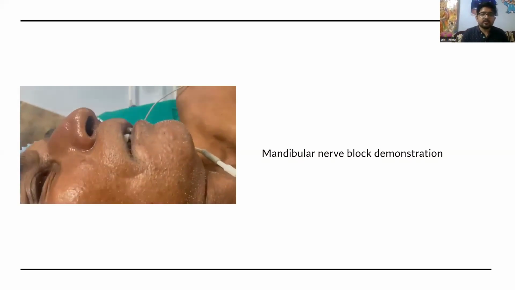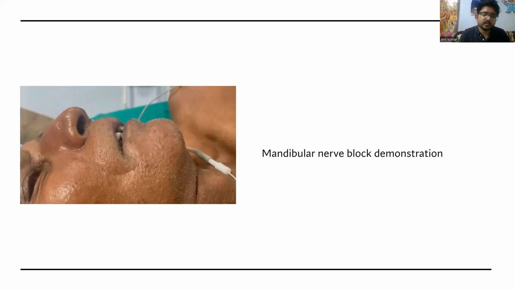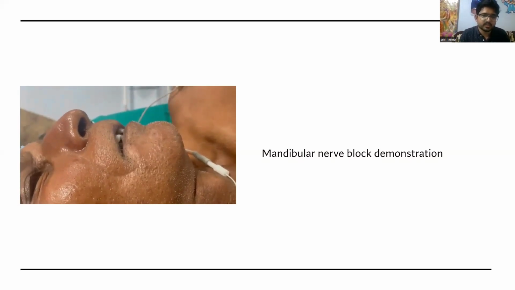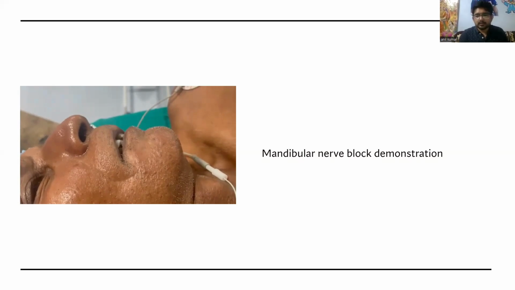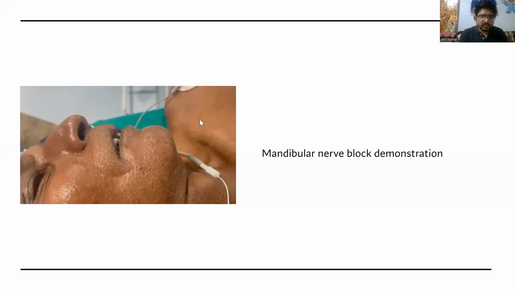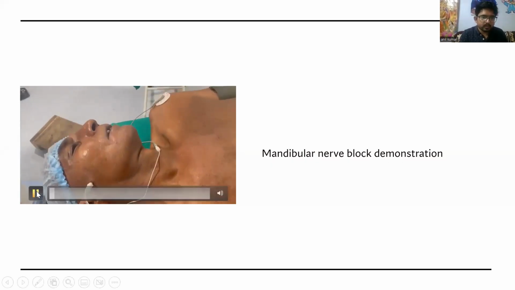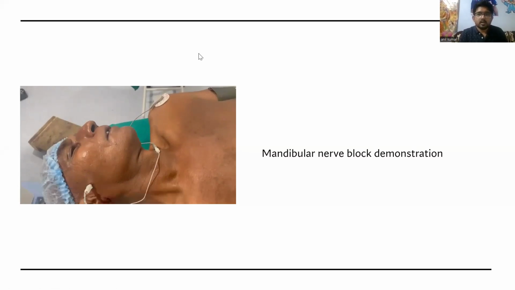If the twitches are appearing at 0.3, there is a chance of intraneural injection, which is a complication of the nerve block. So these are the twitches. You can see the movement of the mandible. This is the mandibular nerve distribution.